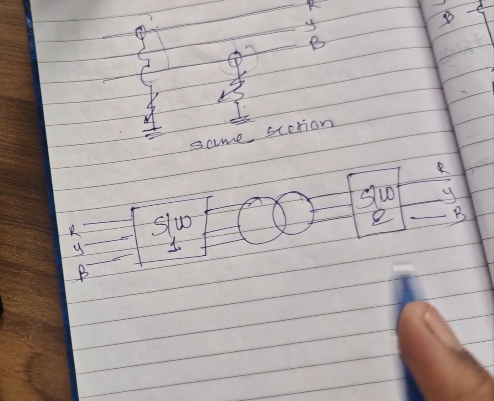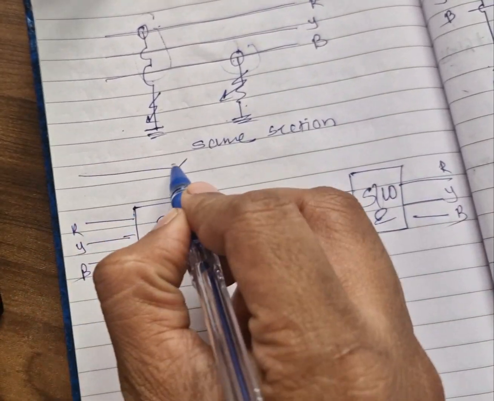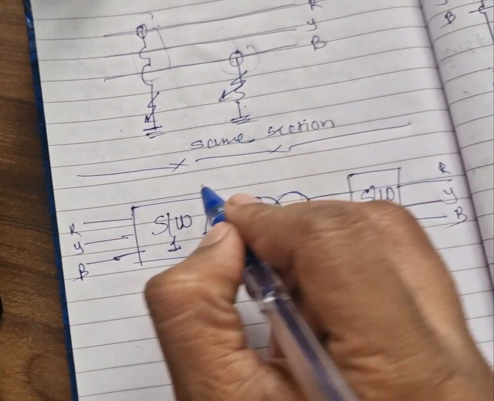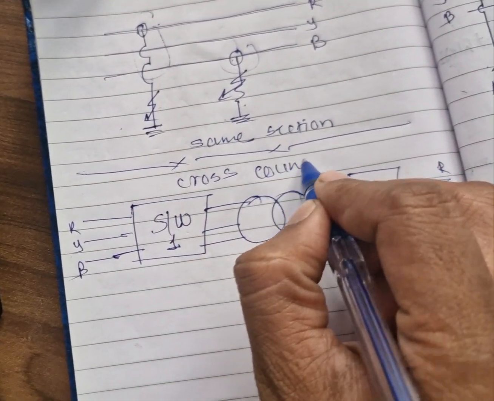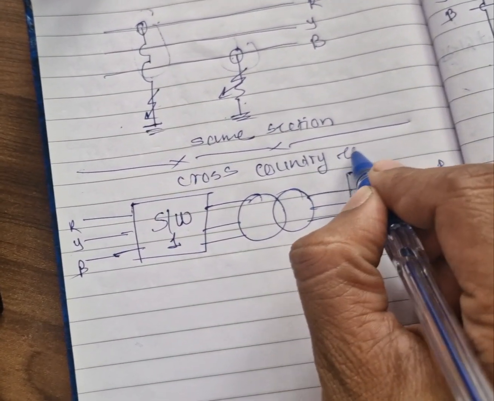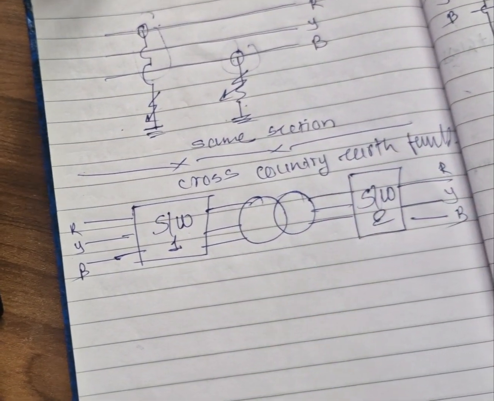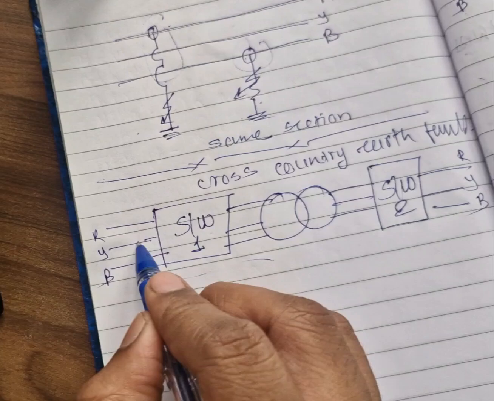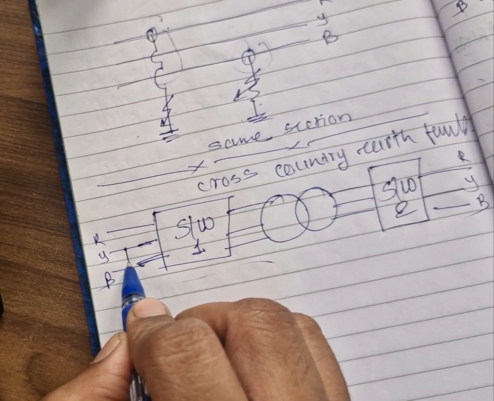So now we are learning cross country earth fault, not a double line to ground. This is cross country earth fault.